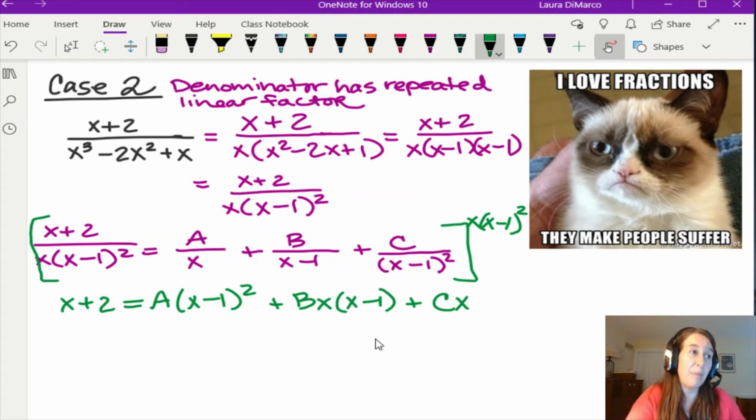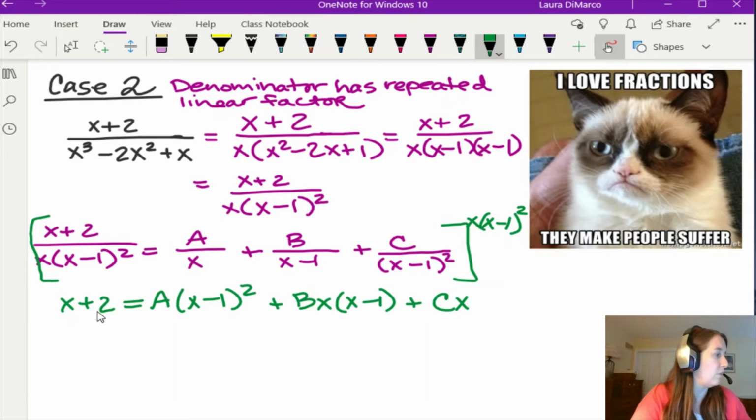And because there's A, B, and C, it'd be 3 equations, 3 unknowns. It's totally doable. You can still do it that way and use the same process that we've been doing. Notice over on the left, the x squared equation would be equal to 0, the x equation would be equal to 1, and the constant equation would be equal to 2. Make sure you've watched the other 2 videos before you watch this one if that doesn't make any sense.